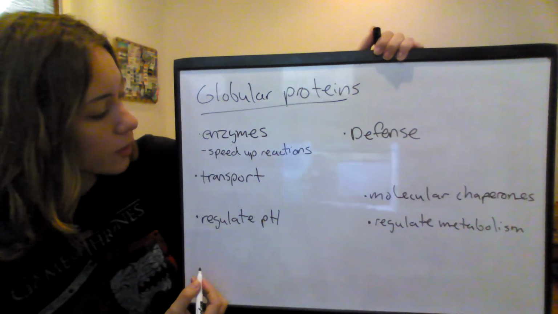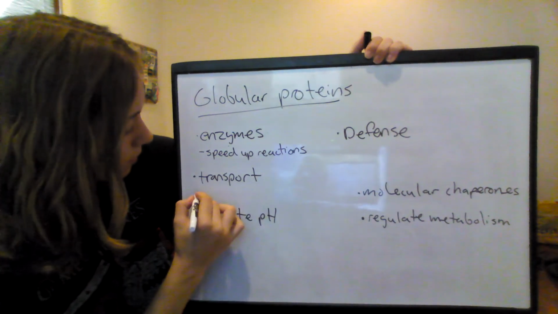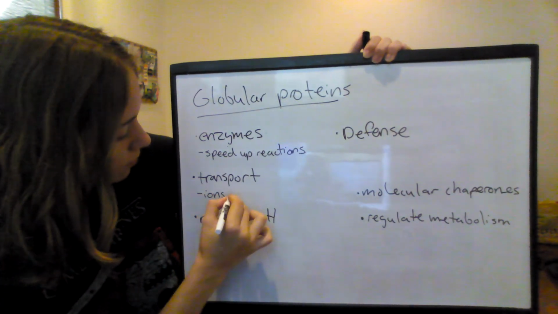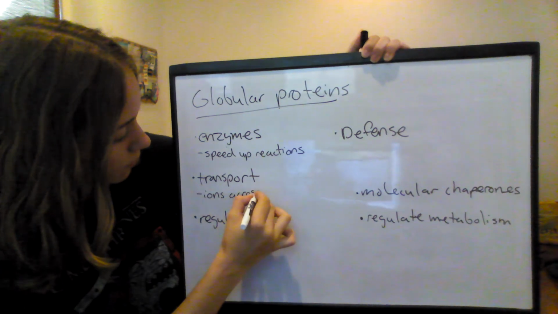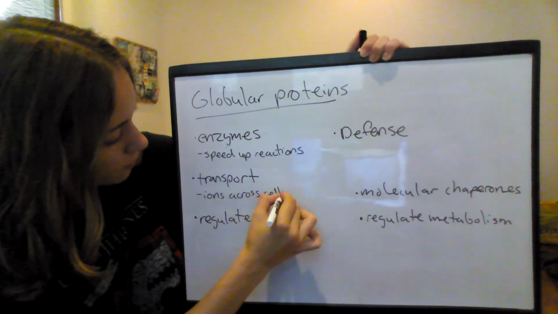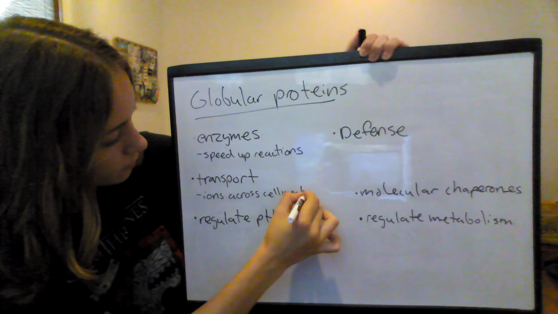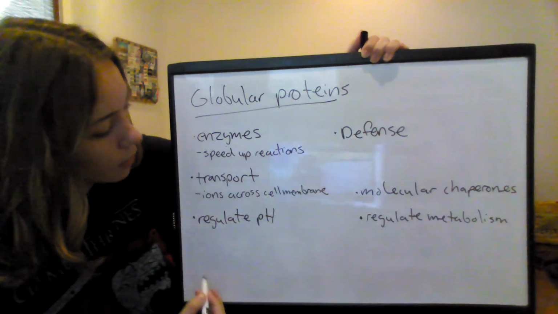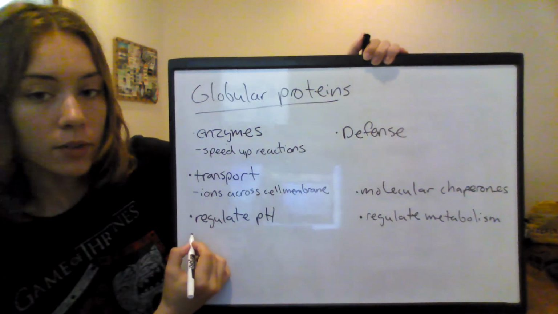Proteins also help transport ions across the cell membrane. They also regulate pH by serving as buffers in the blood.